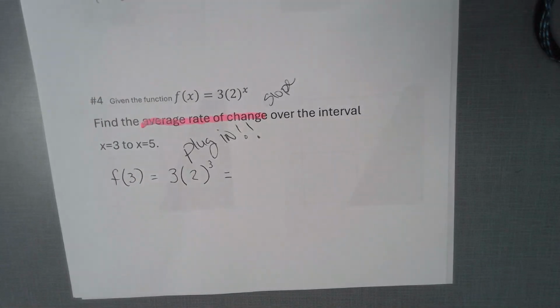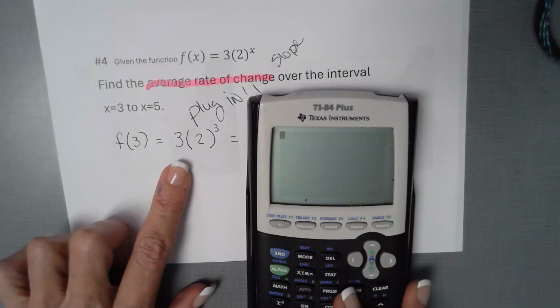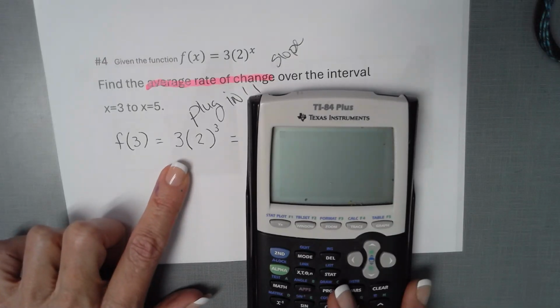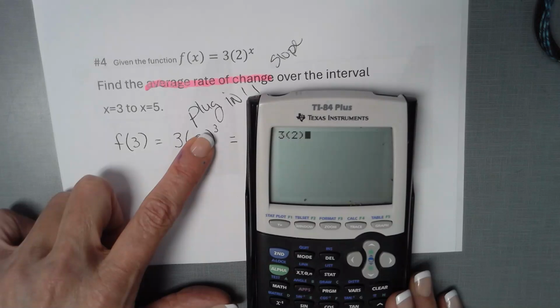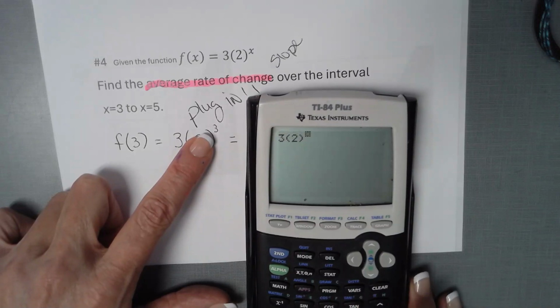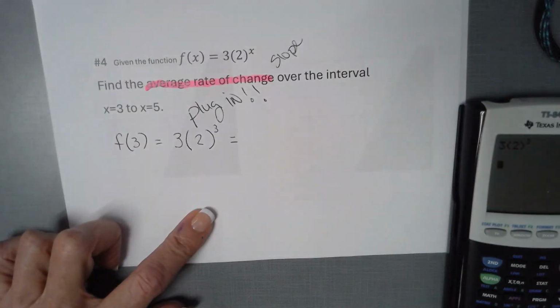You can put this in the calculator exactly the way you see it. I strongly recommend you guys get your calculators in your hand and do this. 3, parentheses 2, close the parenthesis. How do I get a power, y'all? Caret key, and then 3. Okay, so that gives me 24.